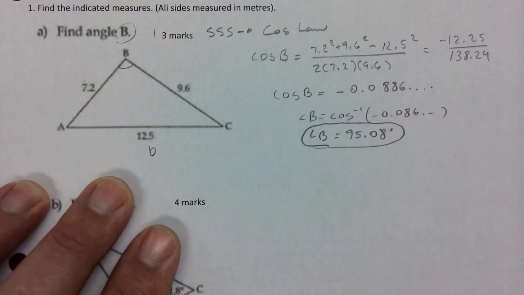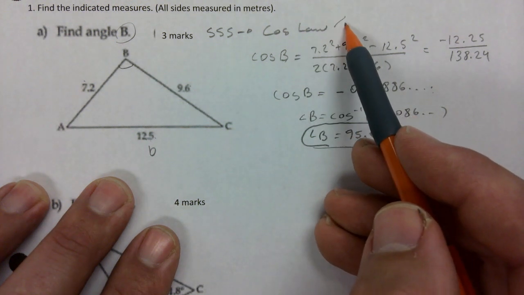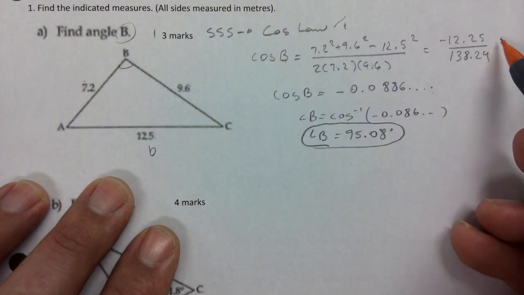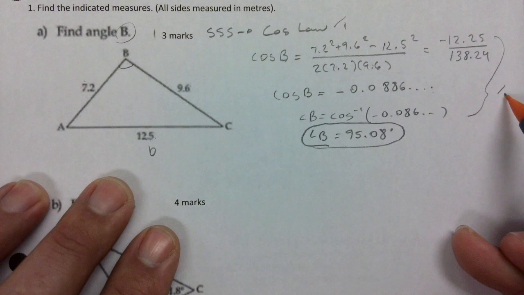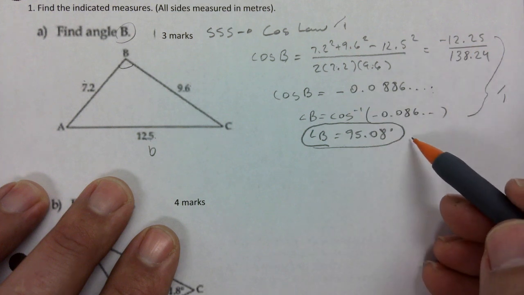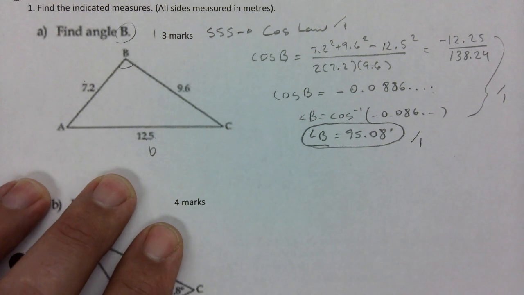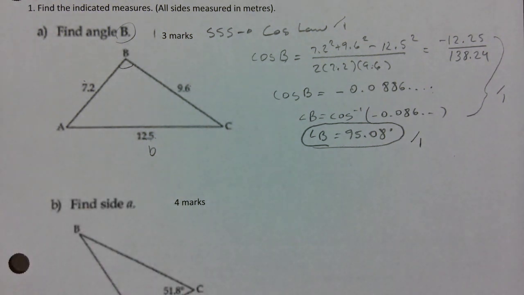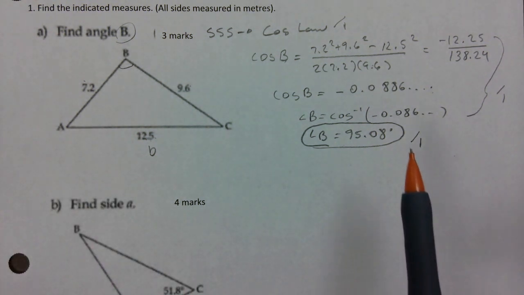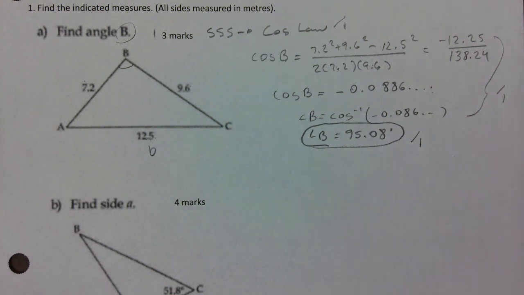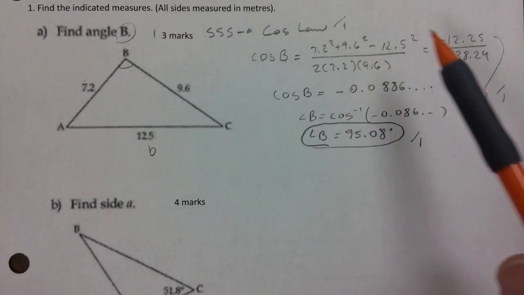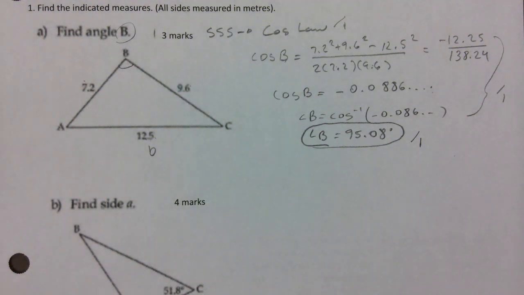So again, 1 mark for cosine law if you used it correctly, 1 mark for the work that was associated with it, and another mark for the final answer. Okay. If you dropped the negative and you did not get an obtuse angle, I would take a full mark off. So you only get 2 out of 3 if you use cosine law and you did everything else right. 2 out of 3 there.